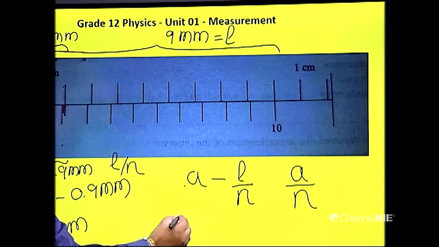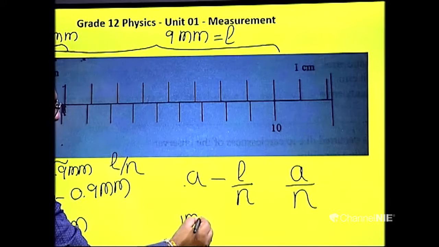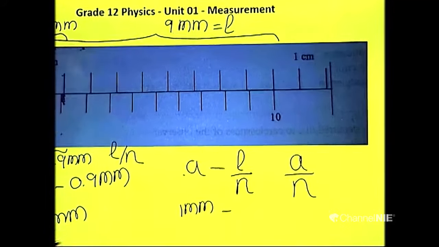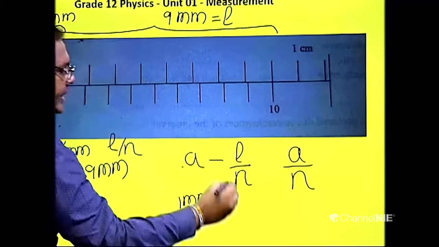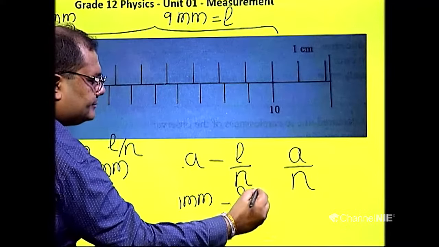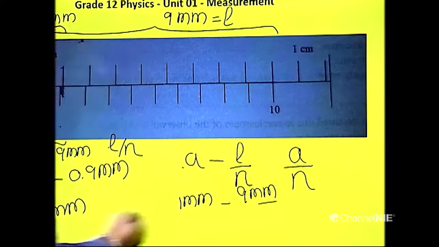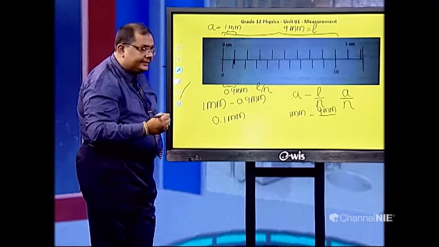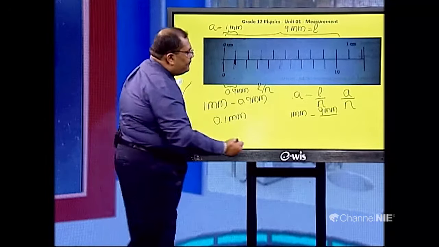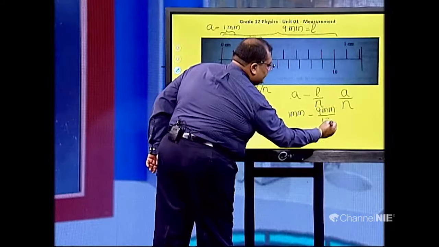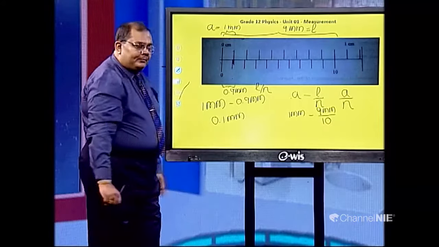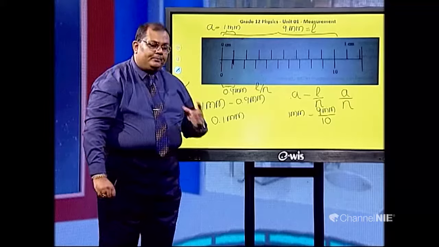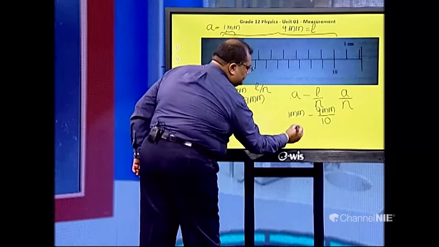Least count of the main scale 1 millimeter, length selected 9 millimeters, number of divisions selected 10 here. Then you can see the least count is 1 minus 0.9, 0.1 millimeters.